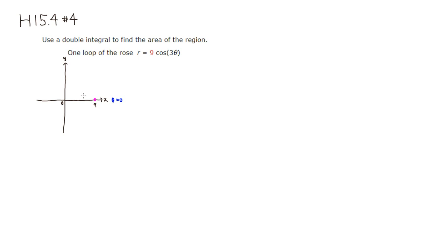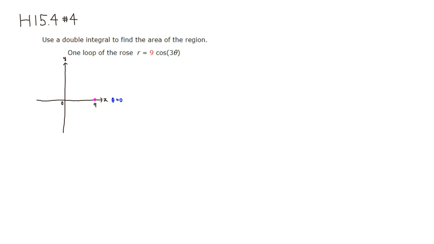Then the next time cosine becomes 0 would be cosine of pi over 2. So we said 3 theta equals pi over 2, so theta is going to be pi over 6. That's 30 degrees.